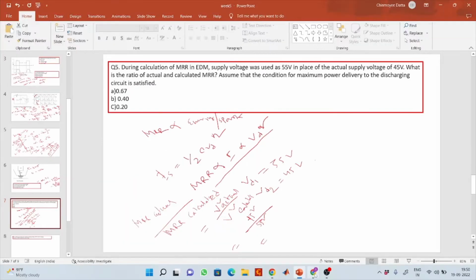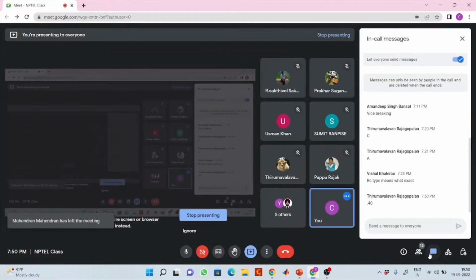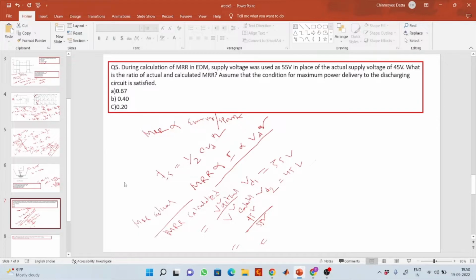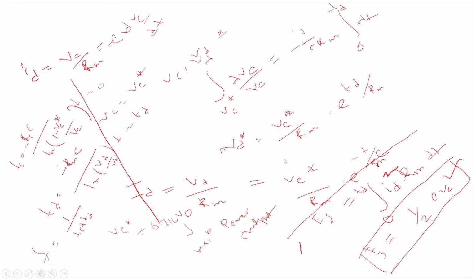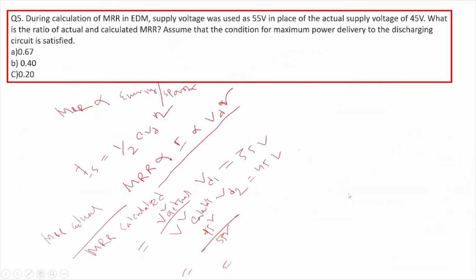What is the value? Right answer. 0.40 is coming. Actually, I have calculated it's coming near 0.67. Others, have you calculated?